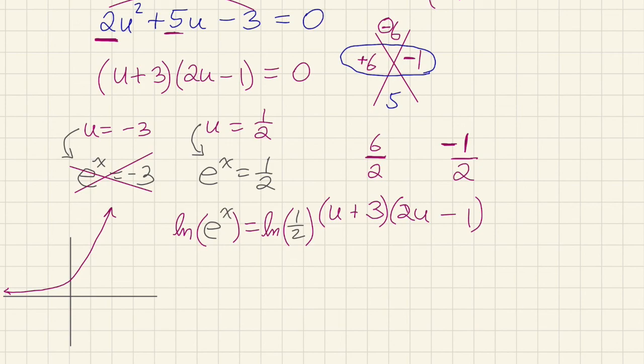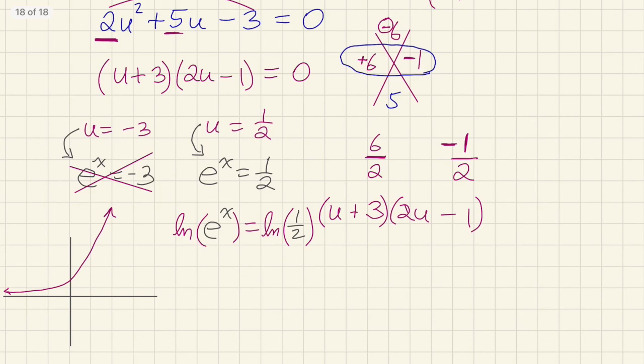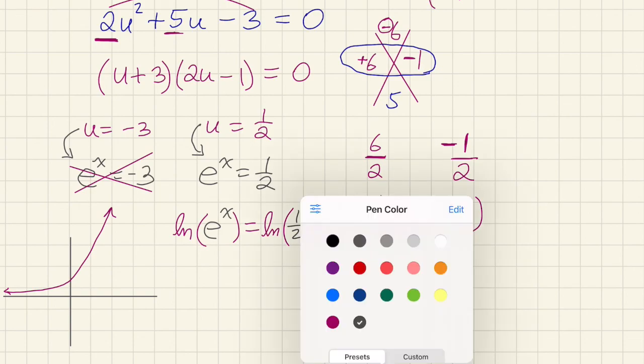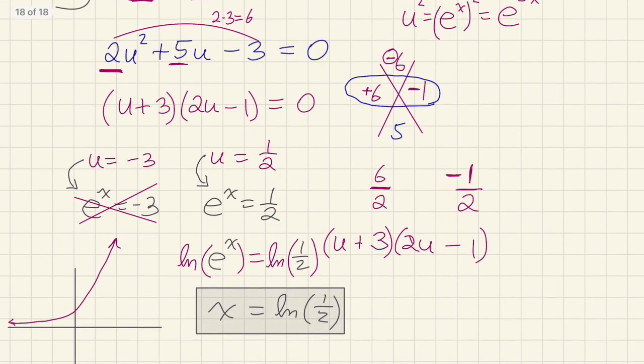That's usually for solving equations. So the ln and e are touching each other, so they're going to go away. And we're going to be left with x on this side equals ln of 1/2 or ln of 0.5. Either one works perfectly fine. And that is a perfectly fine solution to this quadratic form type of equation.